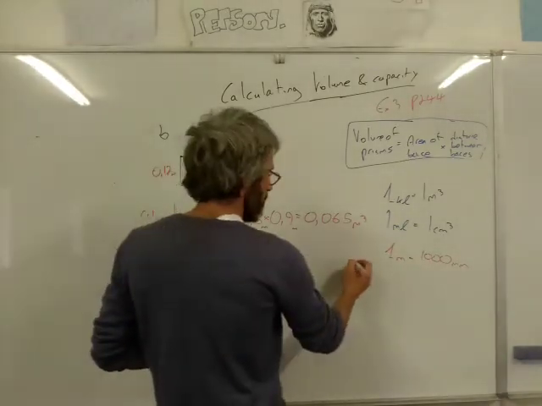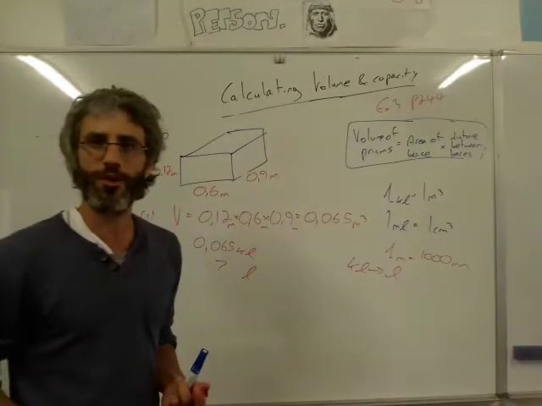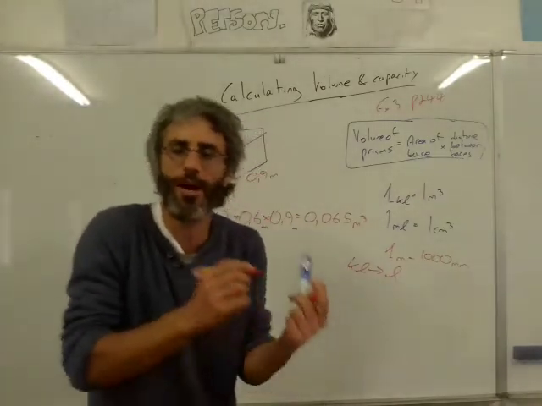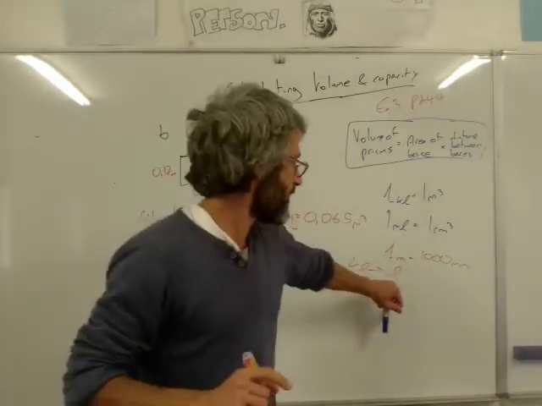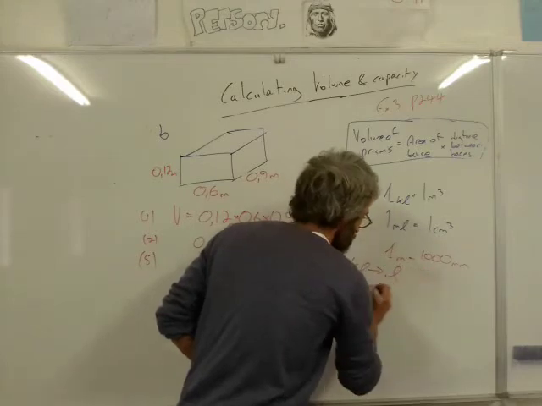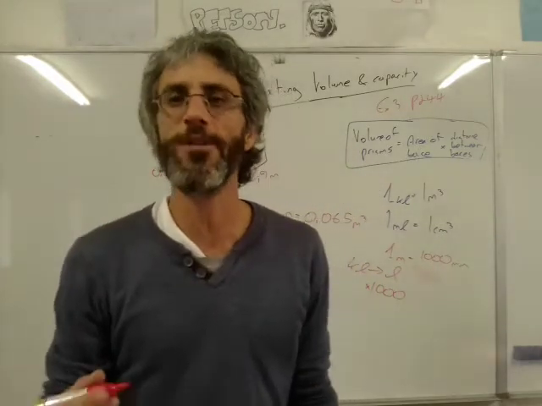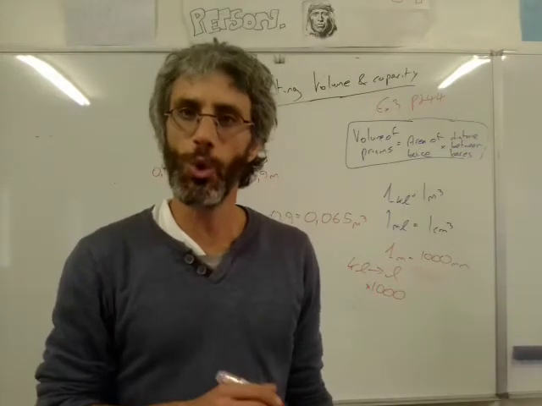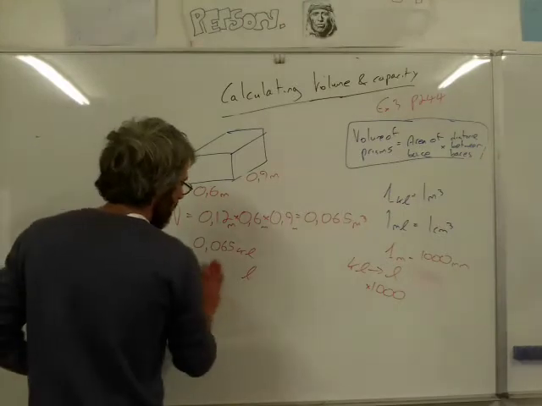How do we move from kiloliter to liter? Just like we convert from kilogram to gram. Kilo means 1,000. So if I want the answer in liter, I need to times by 1,000. Just like 2 kilogram is 2,000 gram, 2 kiloliter is 2,000 liter.